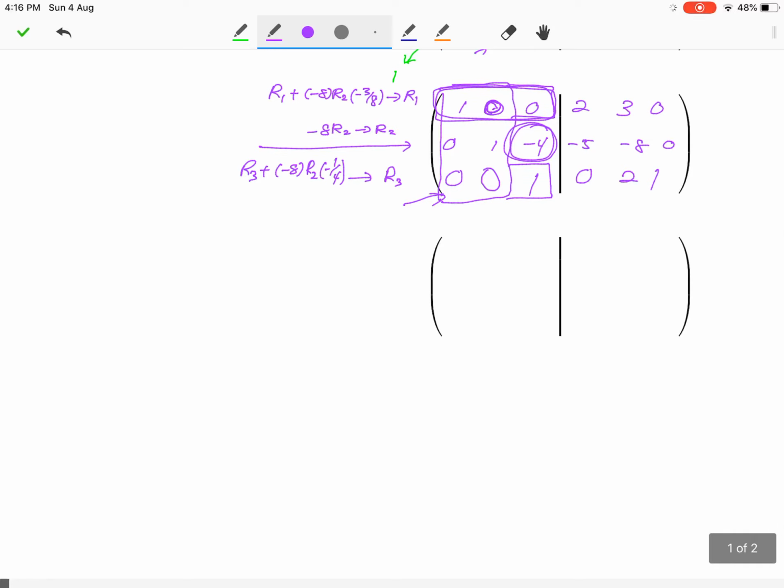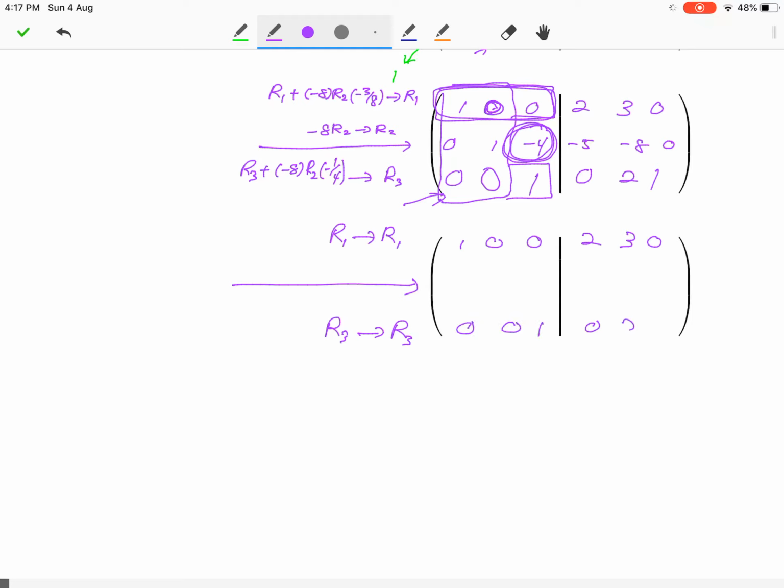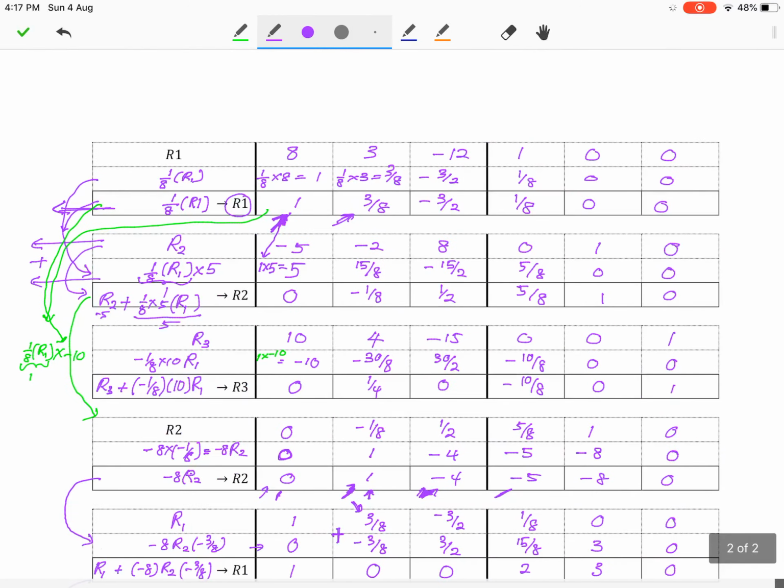The only problem now is just the negative 4. So this one is row 1, which stays as it is: 2, 3, 0. Row 3 stays as it is, which is 0, 0, 1, 0, 2, 1. But R2, I need to make the negative 4 disappear.